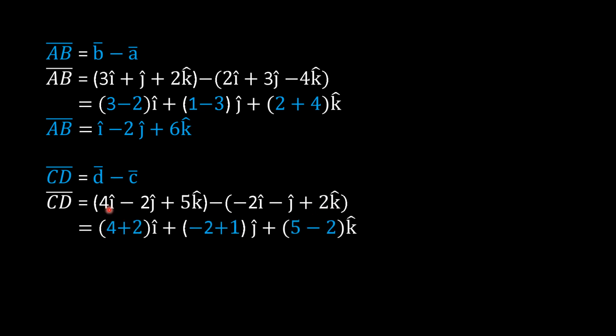It will be 4 minus of minus 2, which is plus 2, so 4 plus 2 i, minus 2 minus of minus 1, that is plus 1, so minus 2 plus 1 j, and 5 minus 2 k. So it will be 6 i cap minus j cap plus 3 k cap.